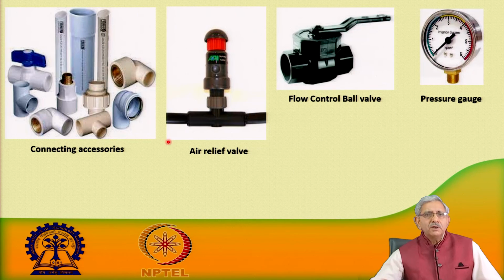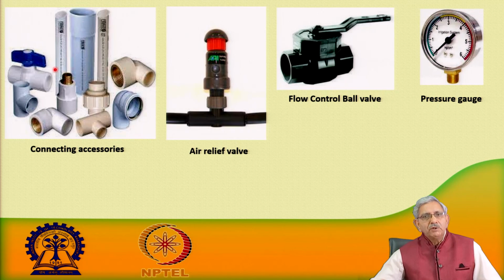There are other components needed; you can see here connecting accessories. If you want to change the direction of flow, you can have an elbow, a T, and this is a reducer, where water comes from a larger pipeline and is reduced to another size.